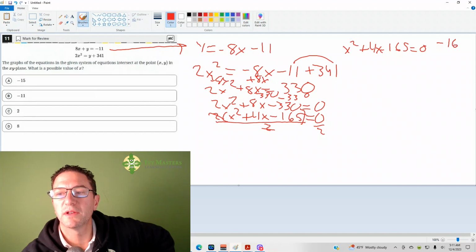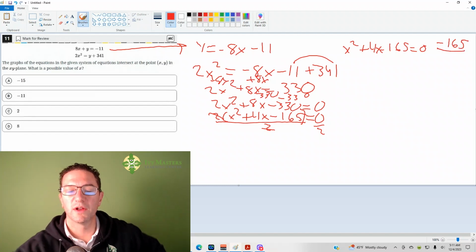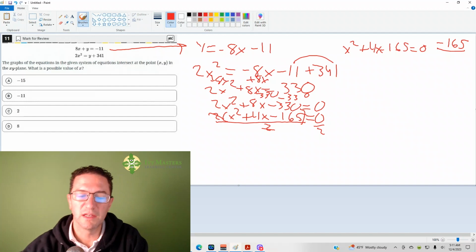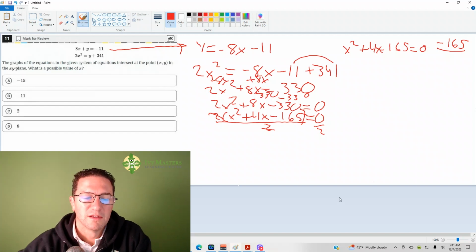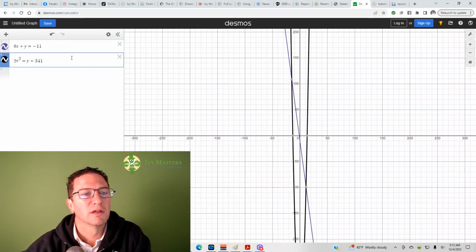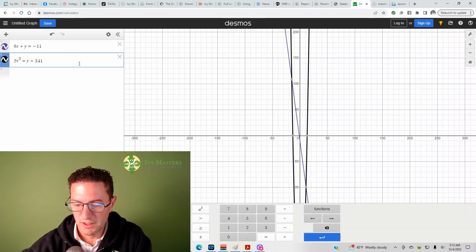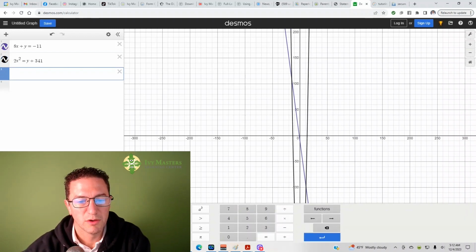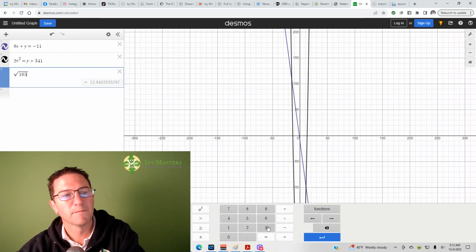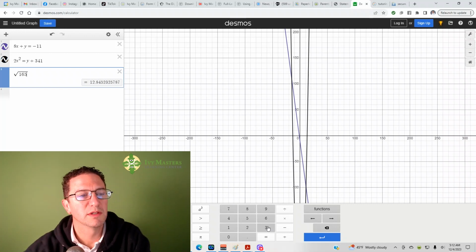If I'm factoring 165, what I find easiest is to see the square root of 165, what it is about. You could, again, plug that into your Desmos. If we say square root of 165 equals, you get it's 12 point something.